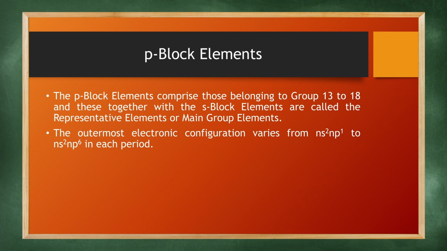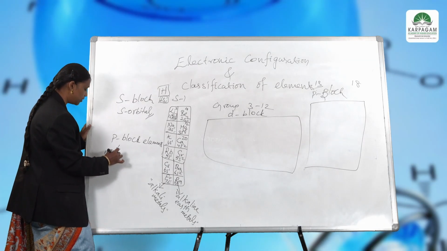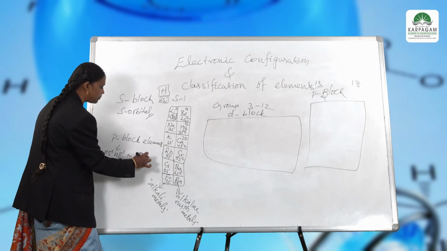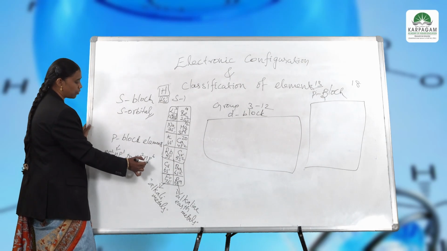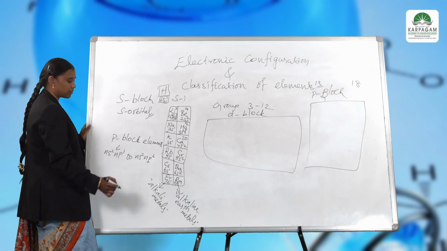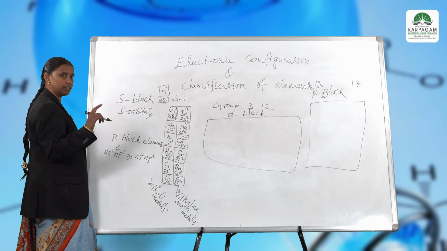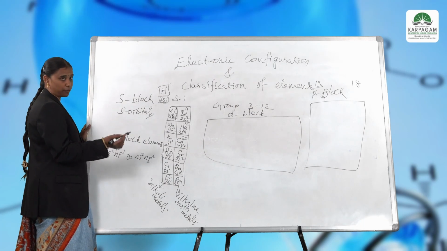The general formula is written as ns2, np1 to np6. The maximum number of electrons filling in the P orbital is 6, which we have already seen in earlier classes.